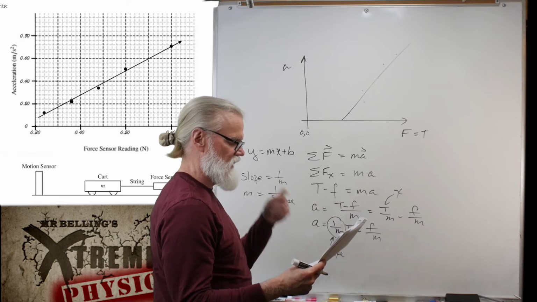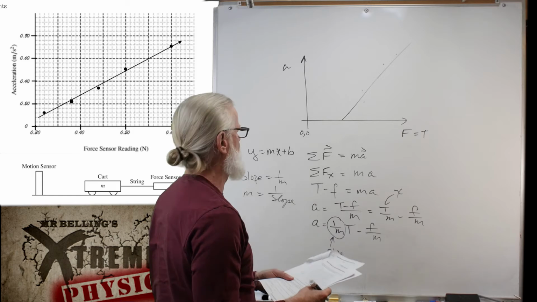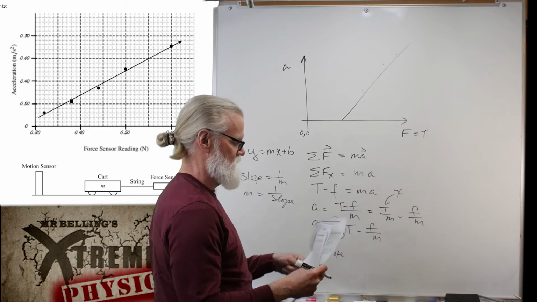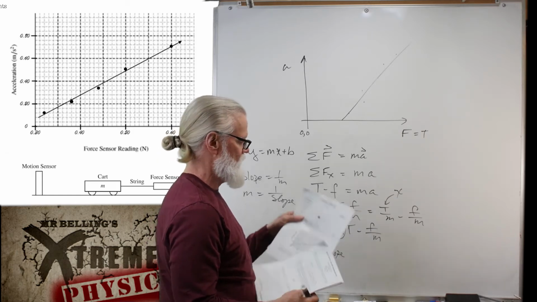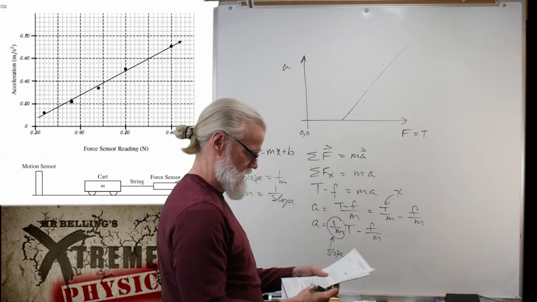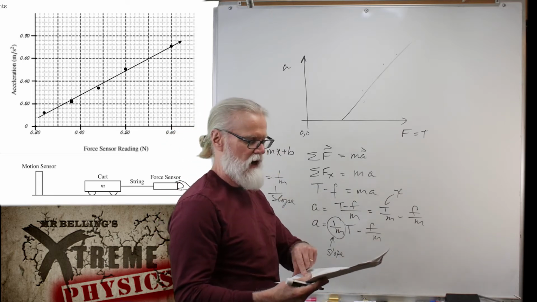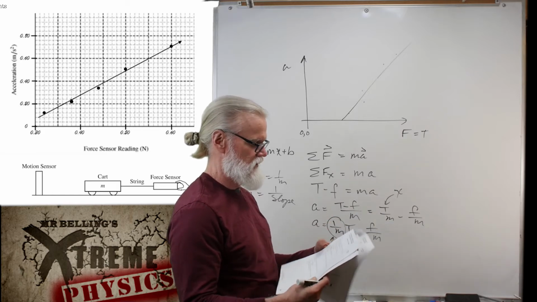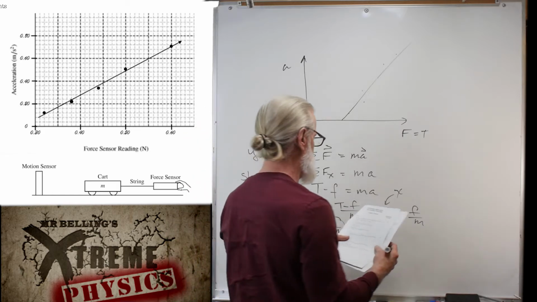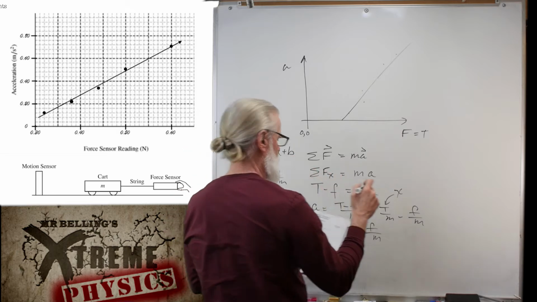So it says, using the straight line from the graph, calculate the mass of the cart. So you would find the slope, right? And I know you can find the slope of a straight line. I'm just going to use the value that the College Board got.